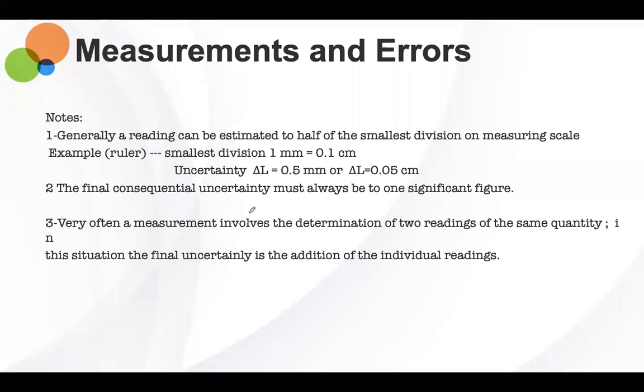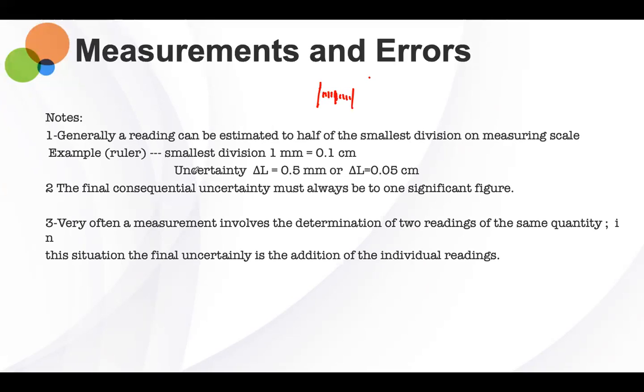All right, so note, generally a reading may be estimated to half of the smallest division on a measuring scale, for example, a ruler. So the smallest division is 1 millimeter, which is also equal to 0.1 cm. If we had a ruler with a big mark, some small ones, a middle-sized one which represents the half, some more small ones, and then a big one, the smallest division here is 0.1, 0.2, 0.3, 0.4, 0.5.